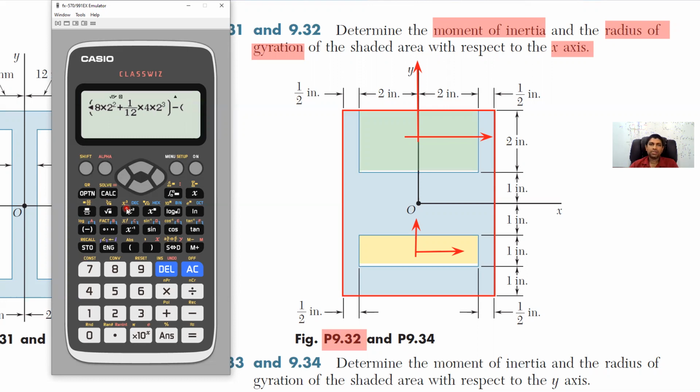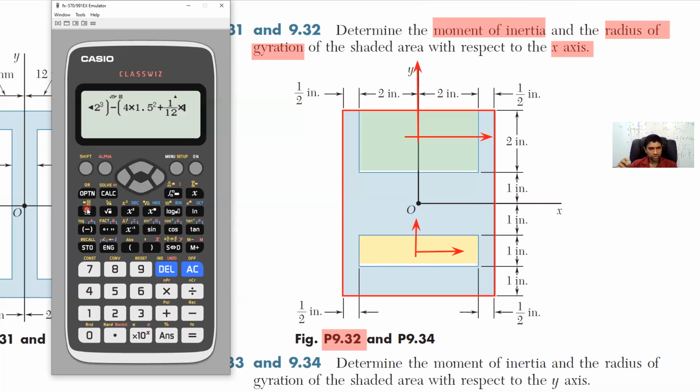For the yellow color one, again we have to use the parallel axis theorem. The area is 4 by 1, therefore 4 times the centroidal distance, which is 1.5, minus 1.5 but we take the square, so 1.5 squared, plus 1 over 12 b h cubed.